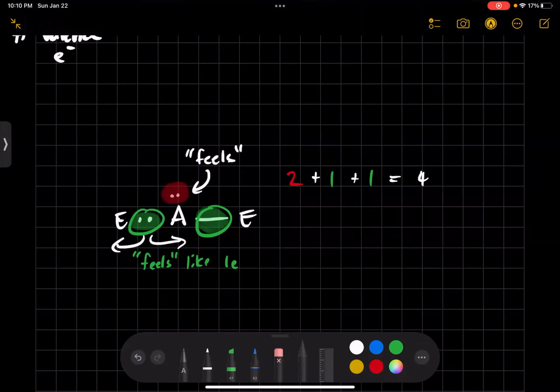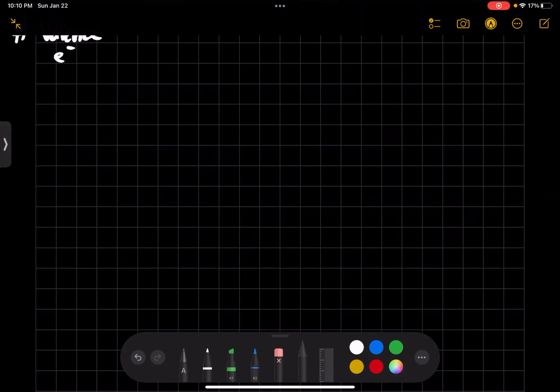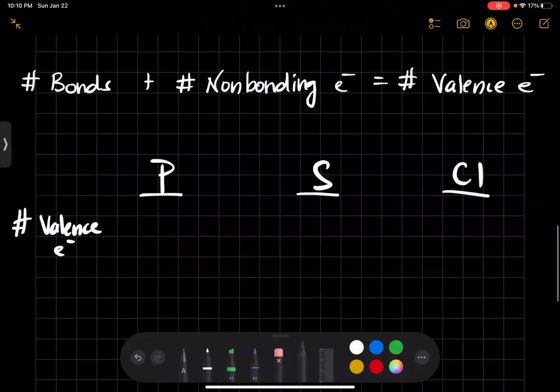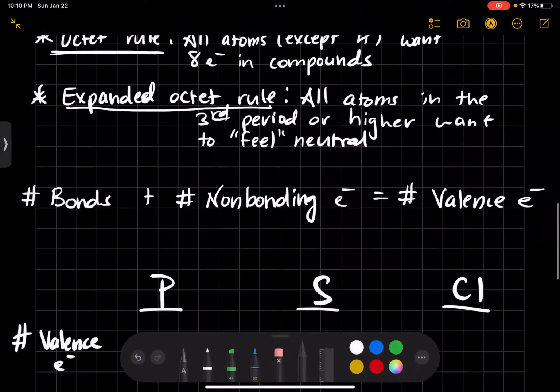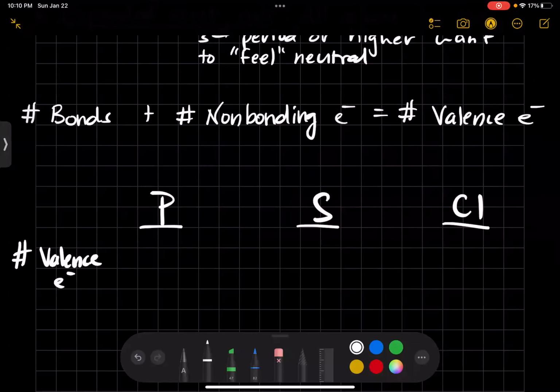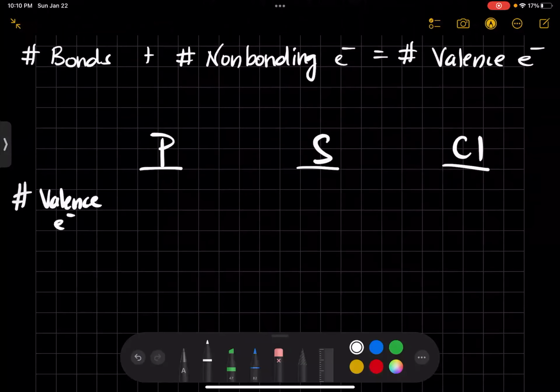Well, all elements want to feel like they have just as many electrons in the structure as they have valence electrons. And what does that mean? Well, let's do a simple exercise here. So phosphorus, sulfur, chlorine, all in the same period.